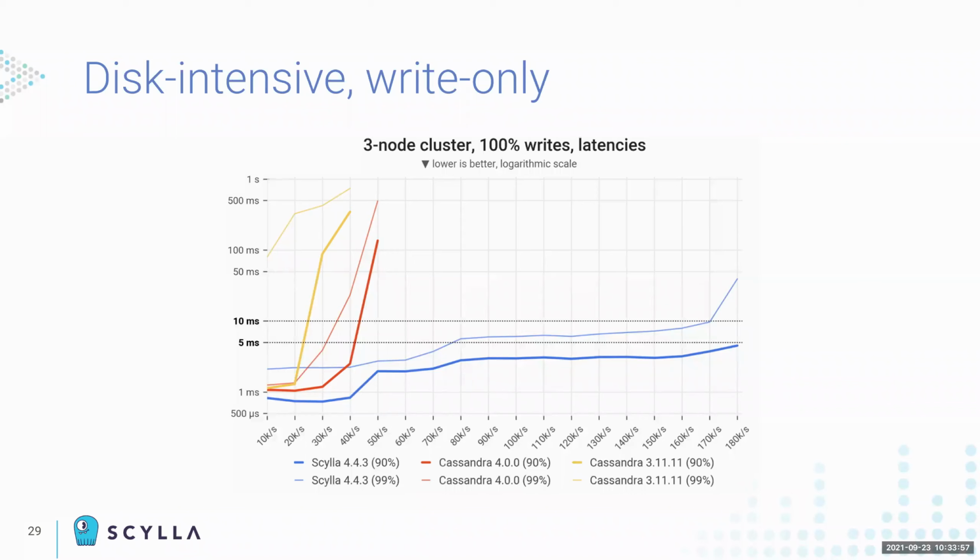While in the case of Cassandra 4, yes, it reaches 50,000 operations per second, but the latencies are pretty high at this point. As you can see, the P99 reaches 500 milliseconds and the P90 exceeds 100 milliseconds.